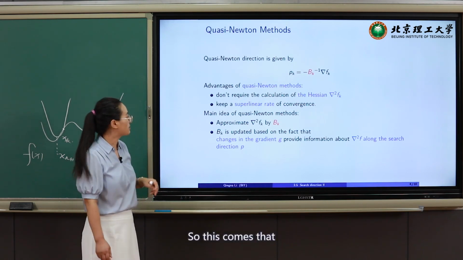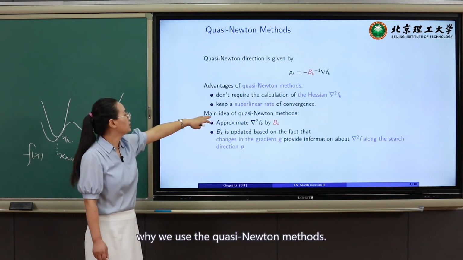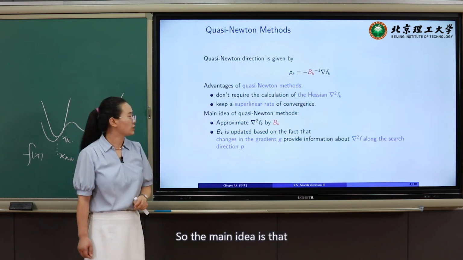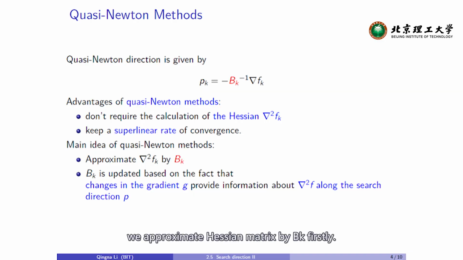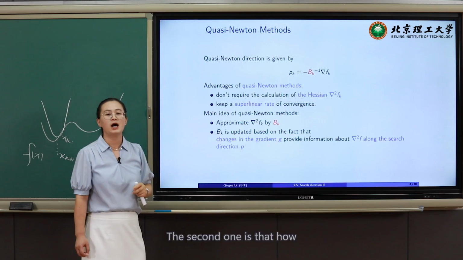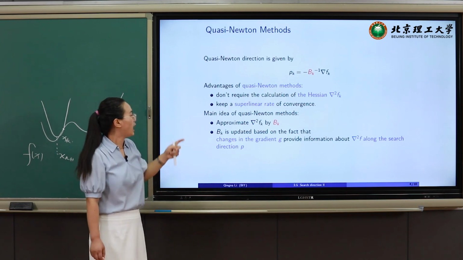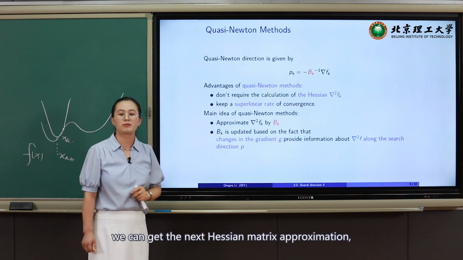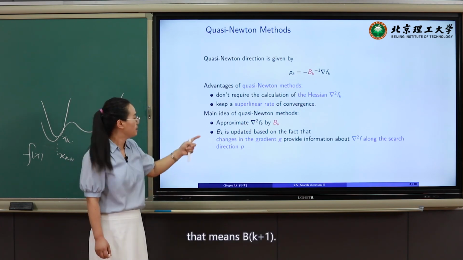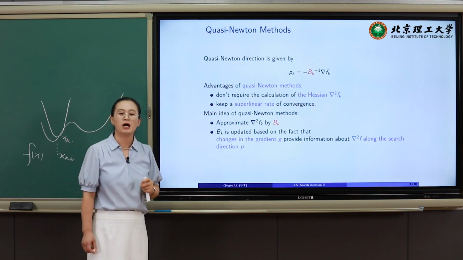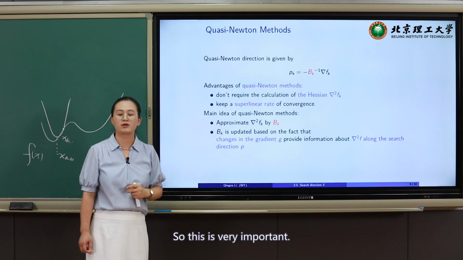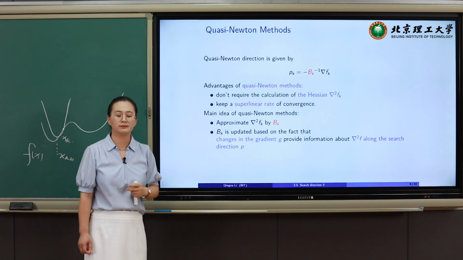So the main idea is that we approximate the Hessian matrix by B_k firstly, and the second is how we can get the next Hessian matrix approximation, that means B_{k+1}. How we can get the next approximation is very important.